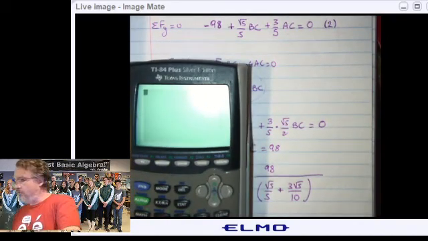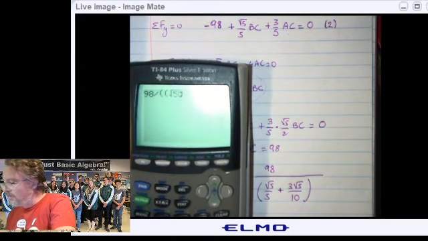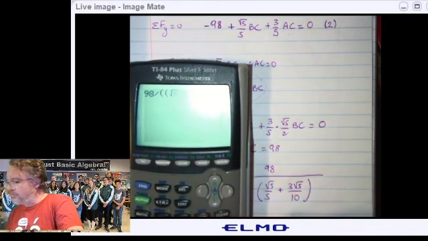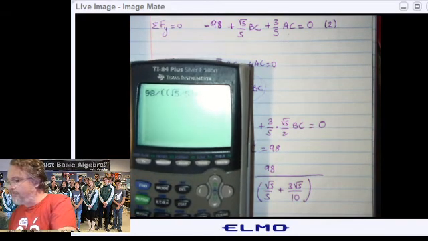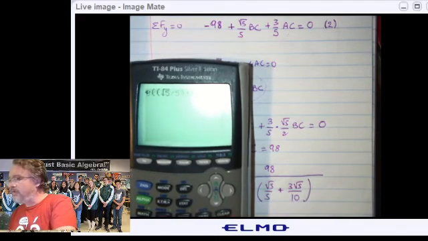Okay. So 98 divided by square root of 5 divided by 5, plus 3 times the square root of 5 divided by 10.